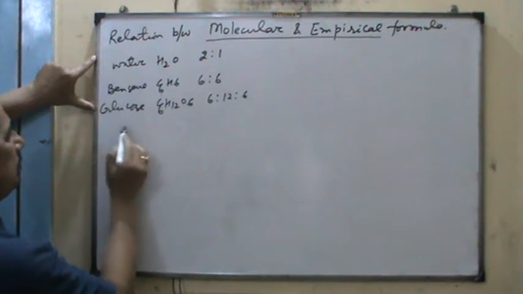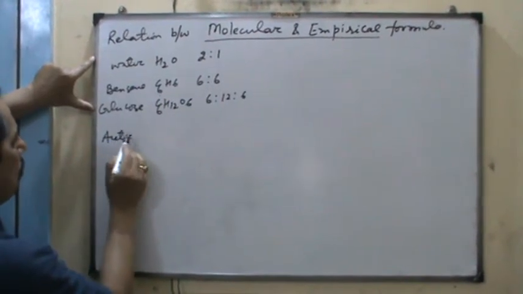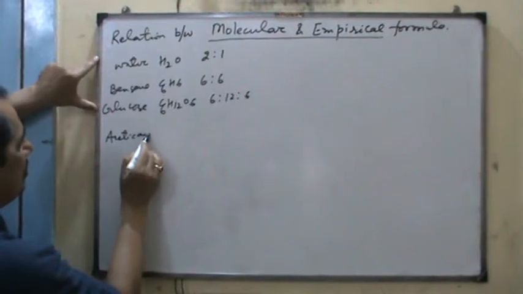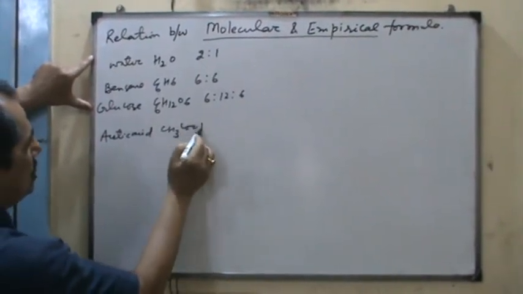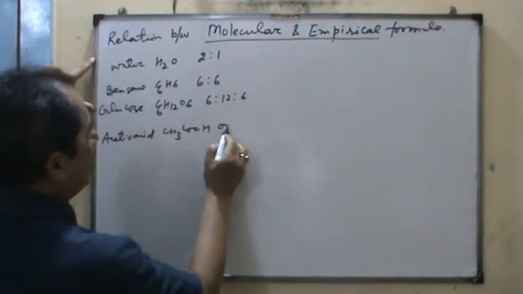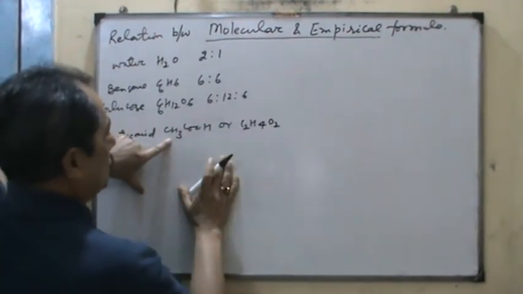If I say it is the acetic acid, what is the formula of the acetic acid? CH3COOH, or I can write here C2H4O2, right?